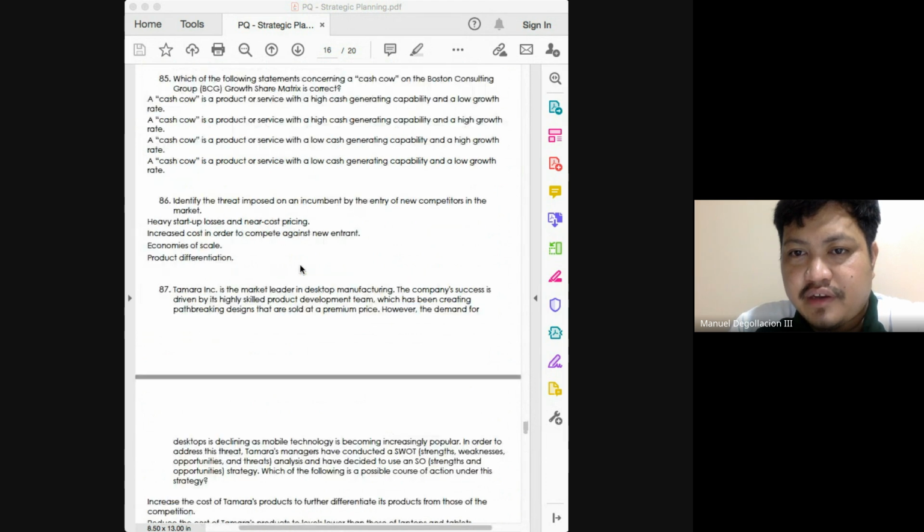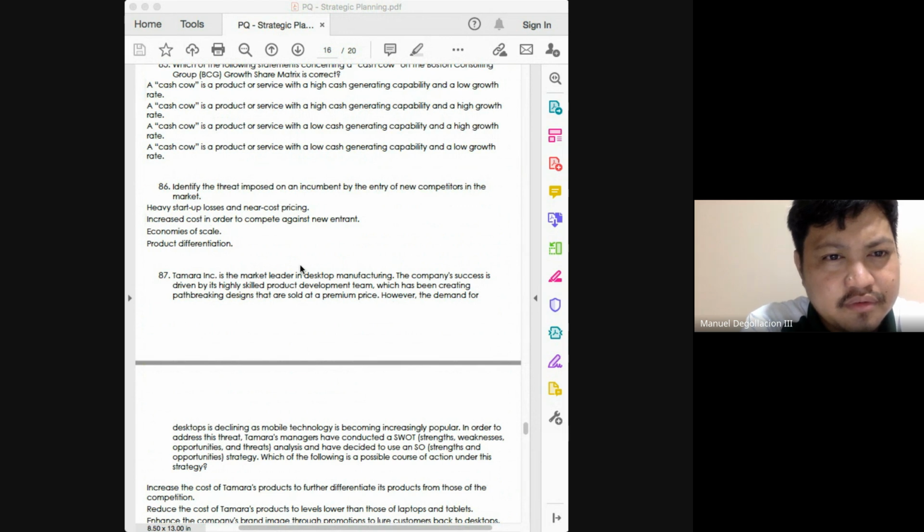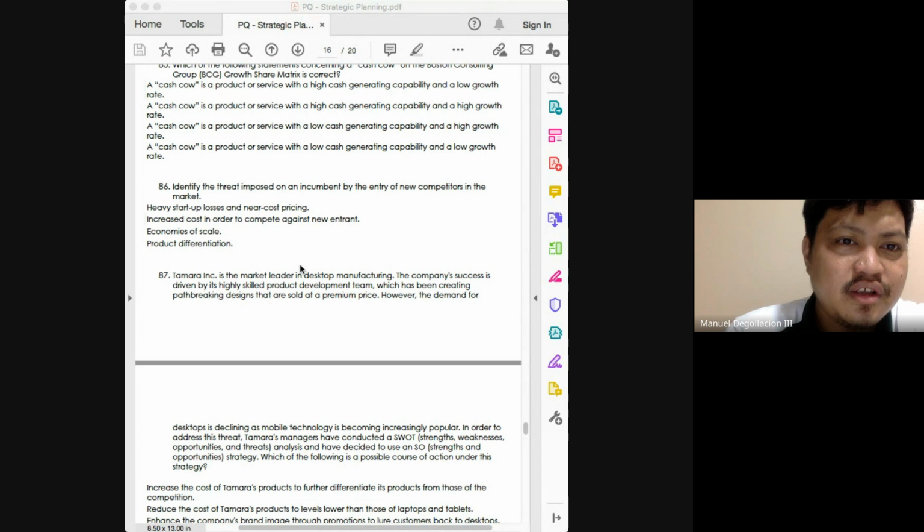Next, identify the threat imposed on an incumbent by the entry of new competitors in the market. So letter A, heavy startup losses and near cost pricing. This would definitely be discouraging to new entrants, so that would not be a threat on an incumbent.